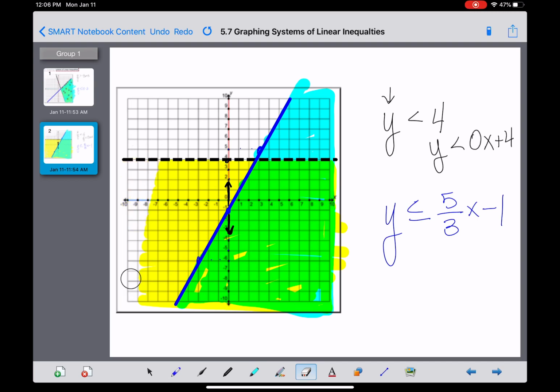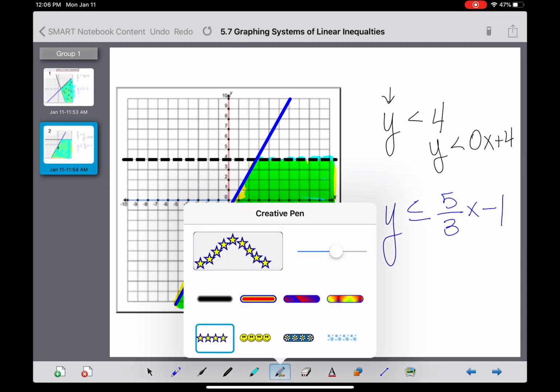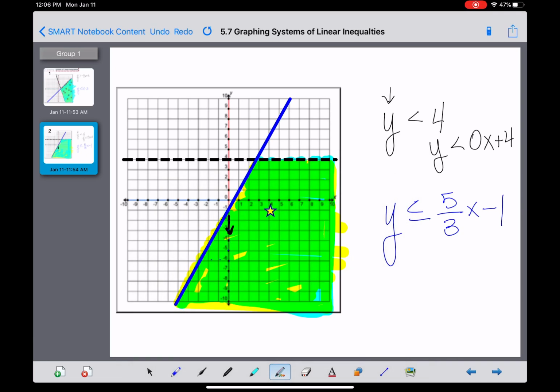And the intersection of the lines is the green region. Therefore, my solution area or solution set is that green area. So possible solutions will lie inside of this area or on the solid line.